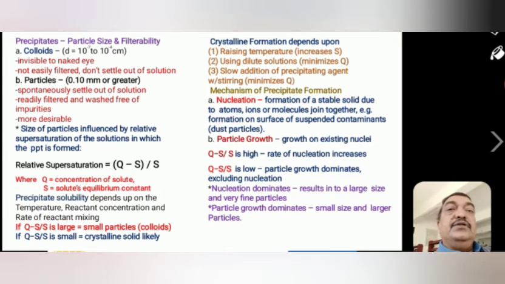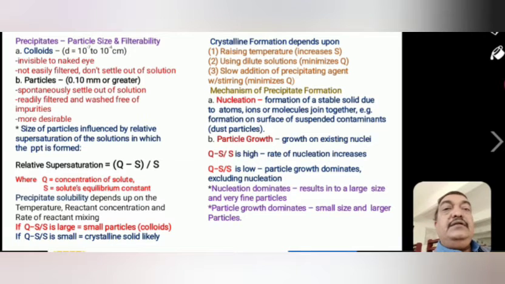Now for this, whenever you add a precipitating agent to the standard solution, there are 2 types of phenomena happening. One is colloidal particle formation, and the second one is crystalline particle formation. Colloidal particles have a particle size of 10 to the power minus 7 to 10 to the power minus 4 centimeters.